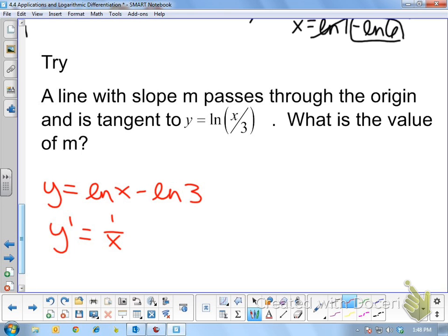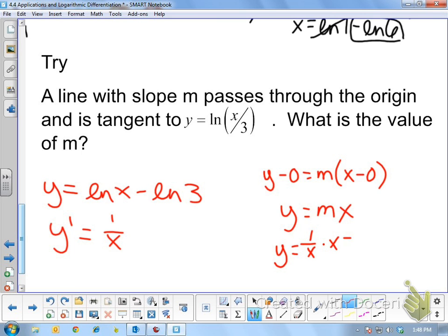I walked you through the equation of a tangent line. Y minus 0 equals m times x minus 0. So y is mx. And then we said, what do we know about the derivative? Derivative is slope. So instead of m, I could write 1 over x, which is 1.